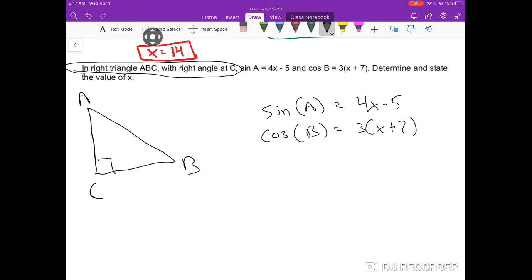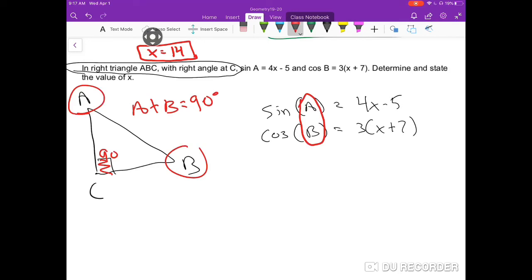Well, what do we know about angles A and B? Since this is 90 degrees, we know that A plus B equals 90. That tells us that sine and cosine are equal to each other. So since these are not the angles over here, we can set them equal to each other.